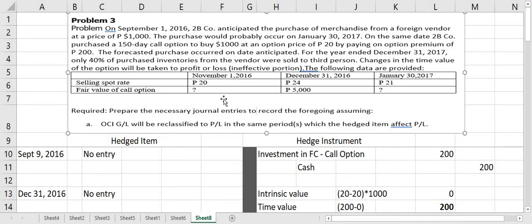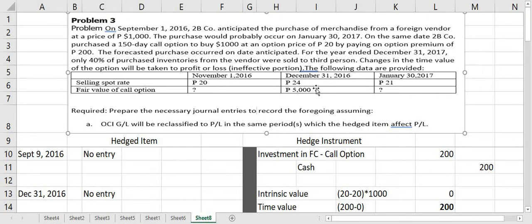So on September 1, 2016, this is the relevant data. The selling spot rate is 20. Remember that our option price, or exercise or strike price, is 20 pesos also. The spot rate became 24 on December 31.